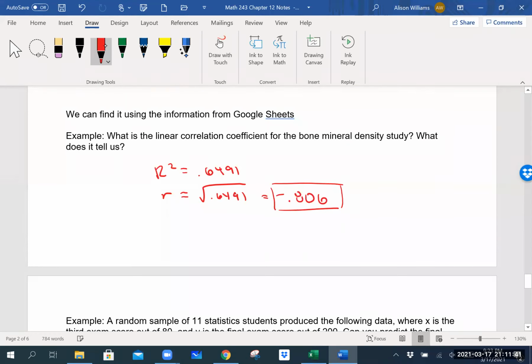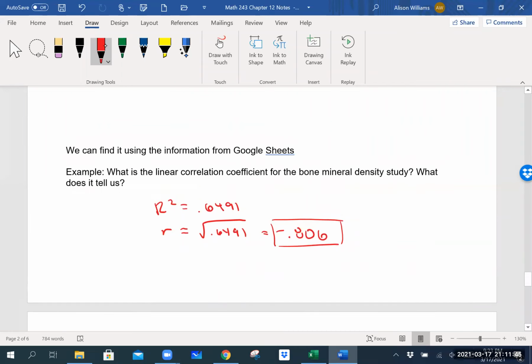And based on this, well, it's certainly closer to -1 than it is to 0. So it has a relatively strong negative linear relationship. So we'll say moderate to strong negative linear relationship.